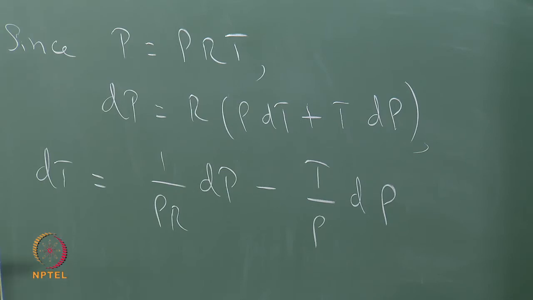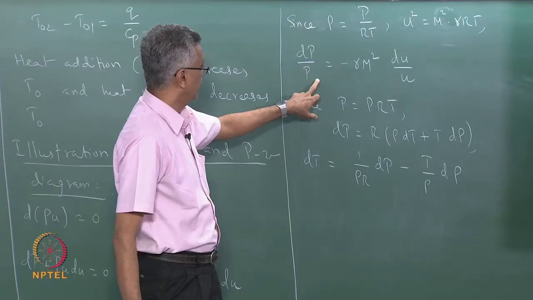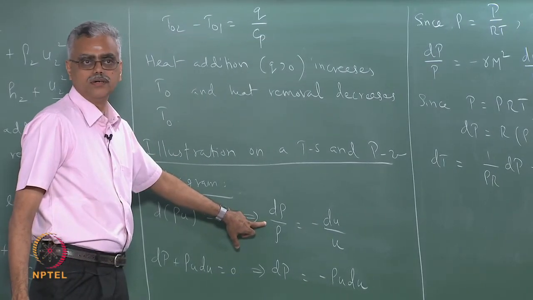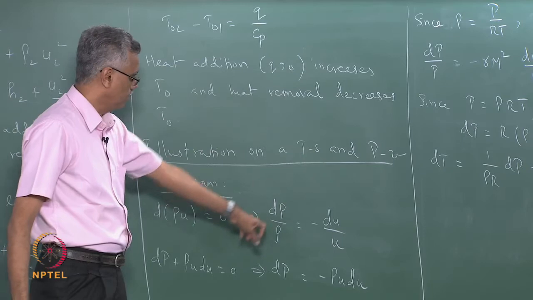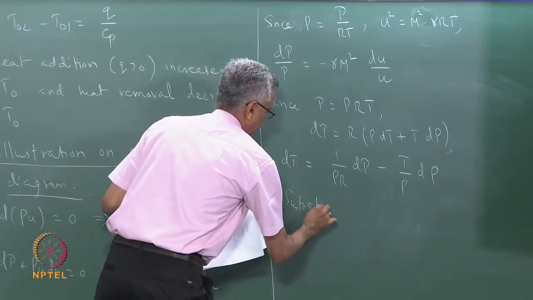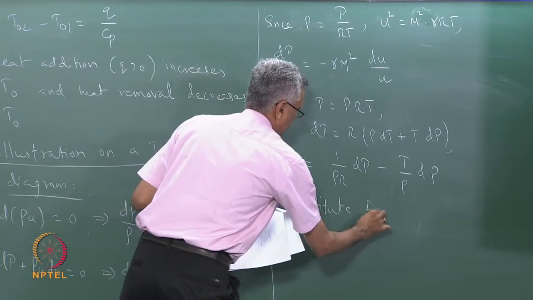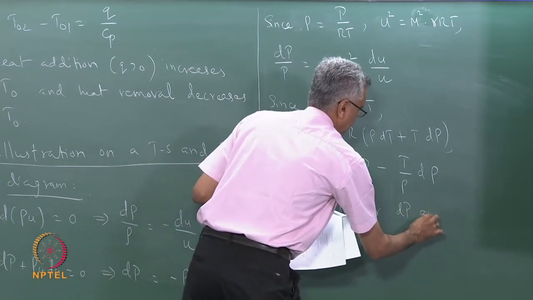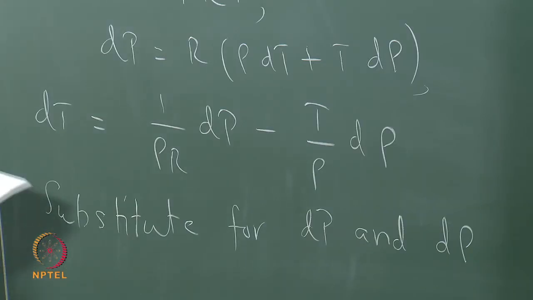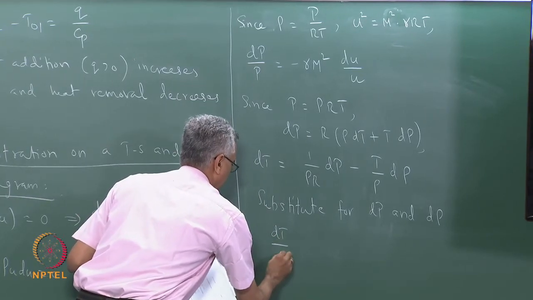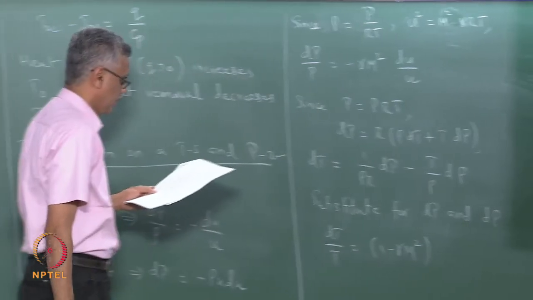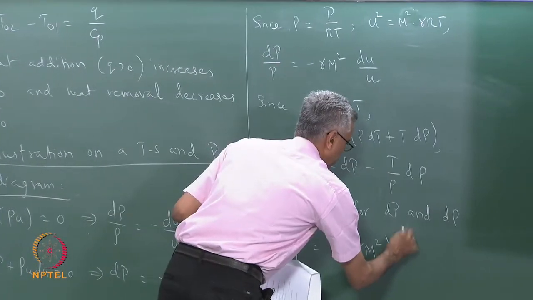Now I can substitute for dP and d rho from before, and we get dT over T is equal to 1 minus gamma M square times du over u.